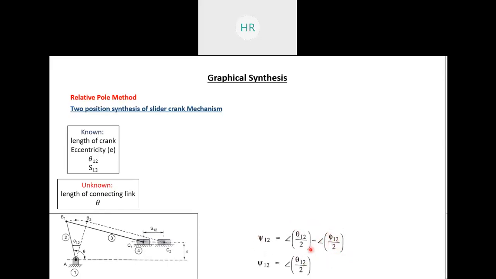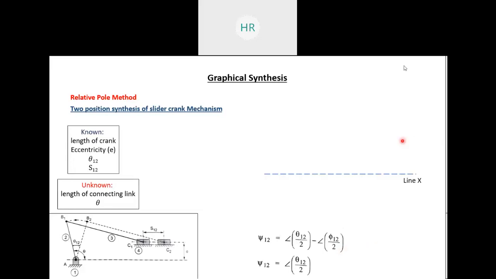If you recall my previous lecture, two position or three position synthesis of four bar mechanism using relative pole method, then you should remember this, that psi 12 is equal to this difference between these angles. How this comes, I already explained in previous lecture. So first let's have a look at this procedure, then we will see this equation in detail.